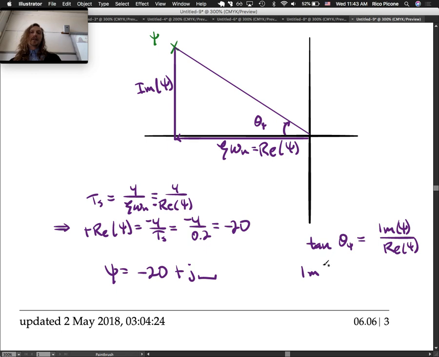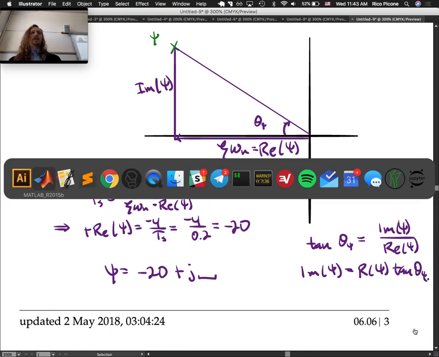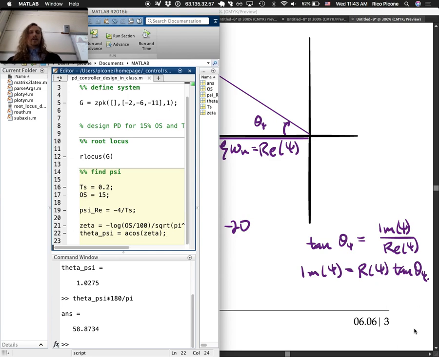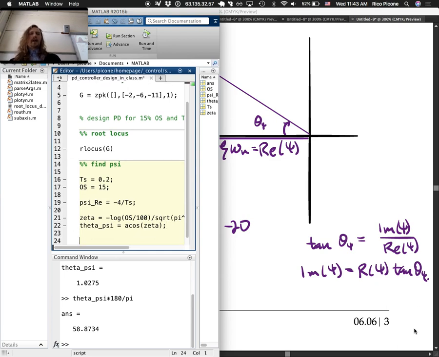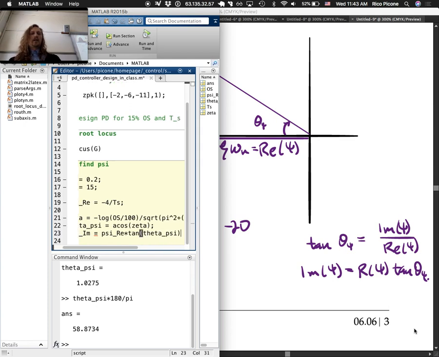So the imaginary part of psi, which is what we're solving for here, is equal to the real part of psi times tangent of theta psi. So psi imaginary is equal to psi real times tangent of theta psi.